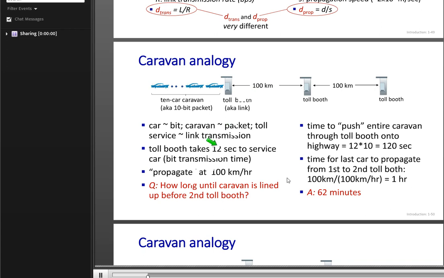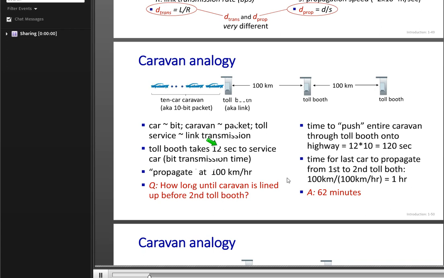Also, as we talked, each car spends 12 seconds in the first gateway, and we have 10 cars.